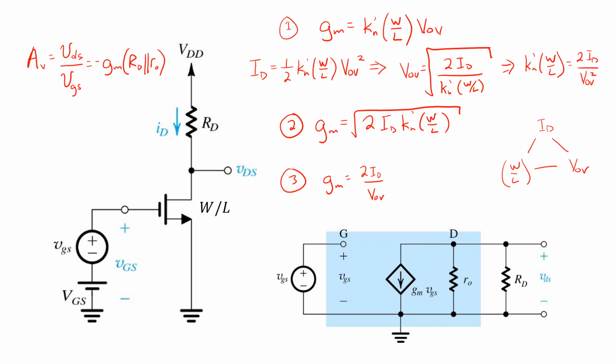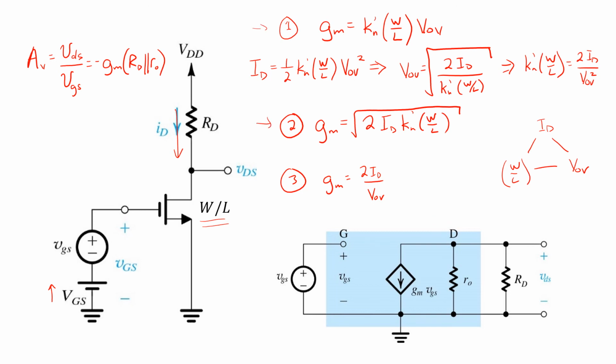So what's happening in equations 1 and 2 is that they illustrate very clearly that if you increase VGS for a given transistor, that is without changing W over L, the drain current will increase and the transconductance increases. Right? So that's clearly revealed by equations 1 and 2.